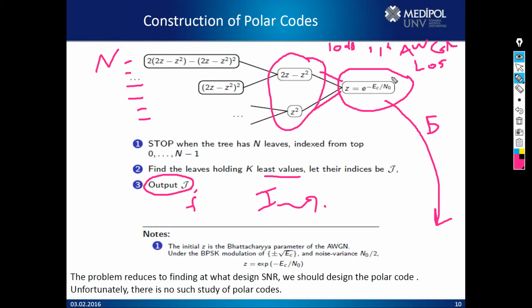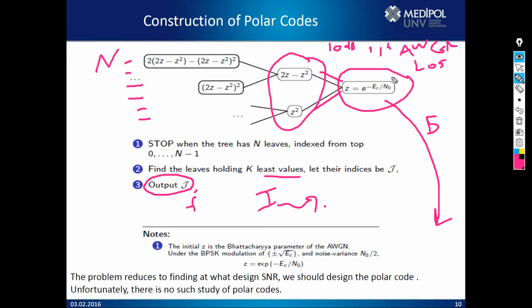Then we move to a very important characteristic of polar codes, the non-universality. Why non-universality? Because it depends on the design SNR. For different design SNRs, you get different N values as good and bad, as noiseless and noisy.